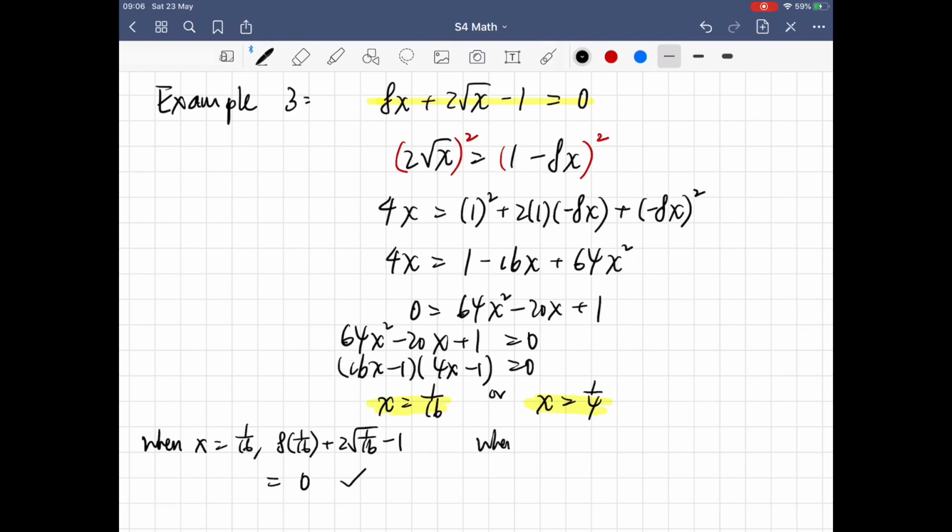Then we have to check x equals 1 over 4 also. The answer is 2, and it doesn't equal 0. So we have to reject x equals 1 over 4. And finally, there is only one solution in this question, that is x equals 1/16.